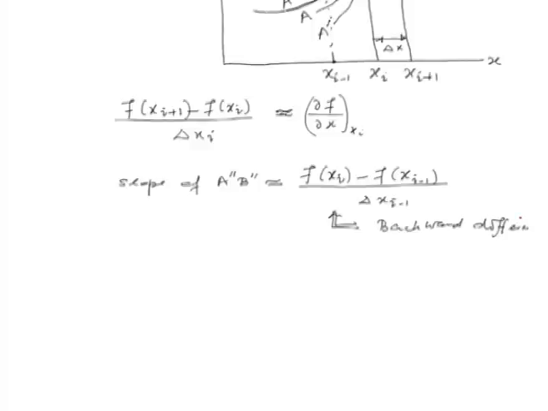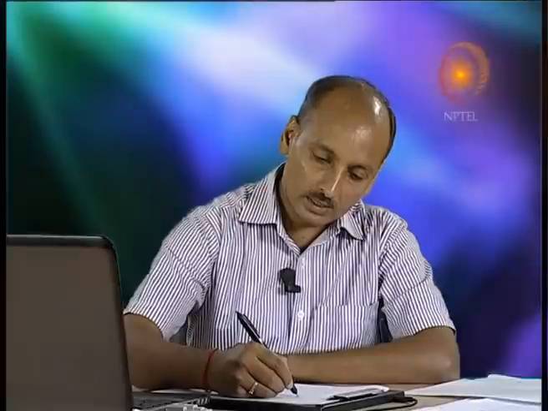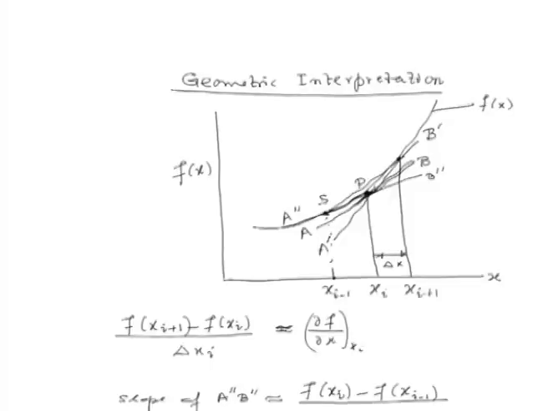So, that is the geometric meaning of the slopes, and it is also very easy if we take the slope of these 2 points here at x is equal to xi minus 1, and join these points, let us call them S and T. We can clearly see the slope of this line ST is a pretty close approximation, it is almost parallel to the tangent AB.